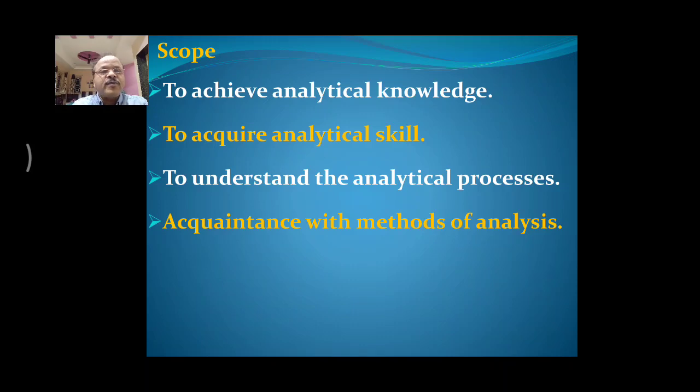The next scope of this topic is that we get familiar with the methods of analysis. The sample under analysis, the sample which is to be analyzed, is called the analyte.